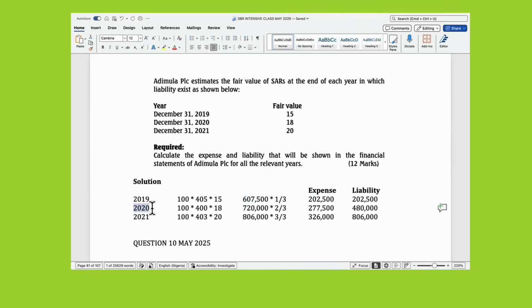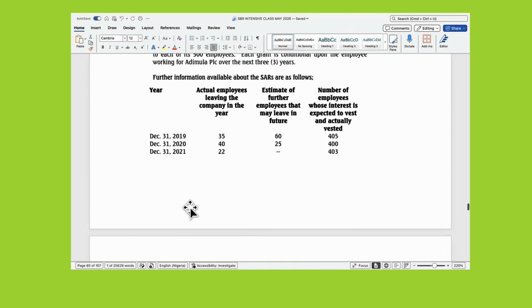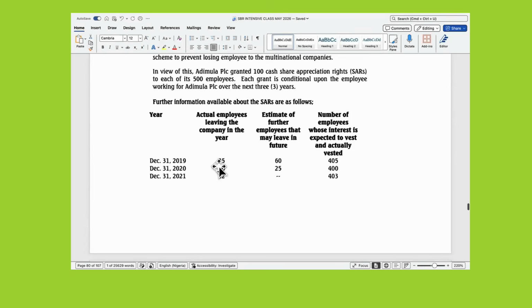In year 2, which is 2020, we still have 100 share appreciation rights. But now we're told that in 2020, 40 left this year, and we're estimating that a further 25 will leave. In year 1, we know that 35 left actually. In year 2, we now know that 40 left actually, making a total of 75 in years 1 and 2.